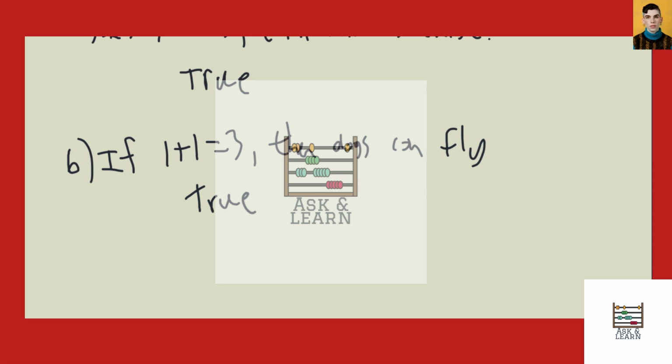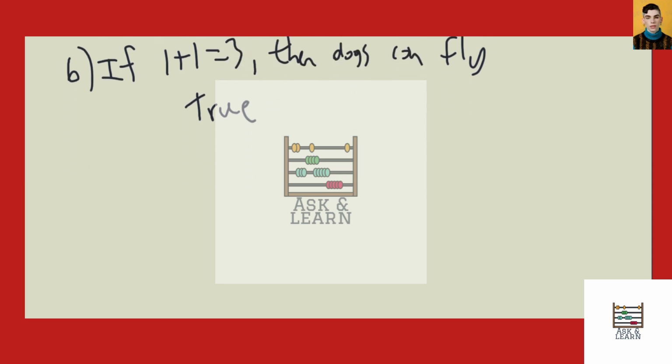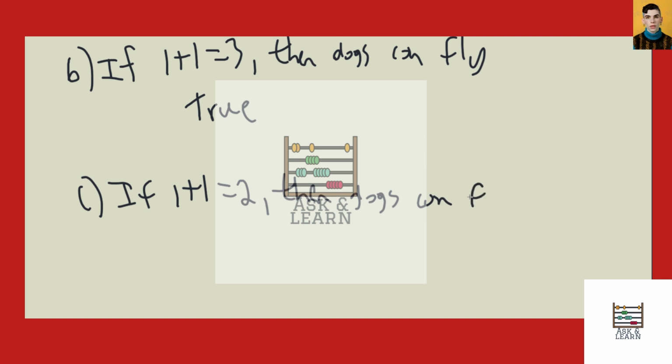For C, let's see. We have, if 1 plus 1 is equal to 2, then dogs can fly. Well, is that a true statement?